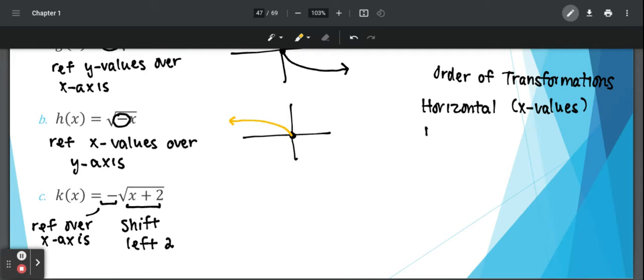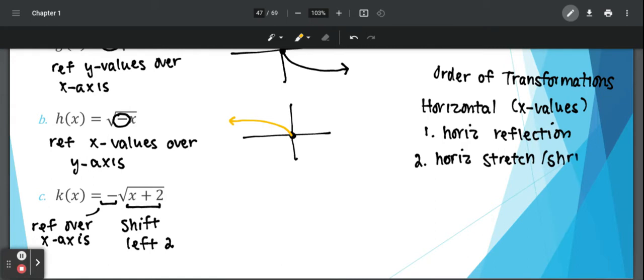The first thing would be a horizontal reflection. Then your second one would be a horizontal stretch or shrink. and then you would have a horizontal shift.